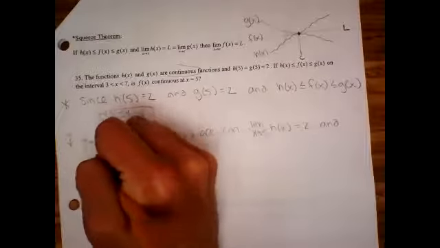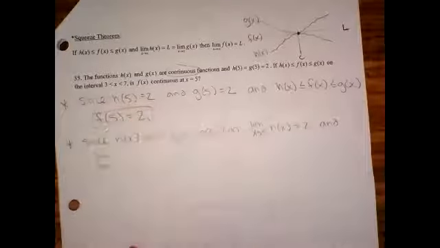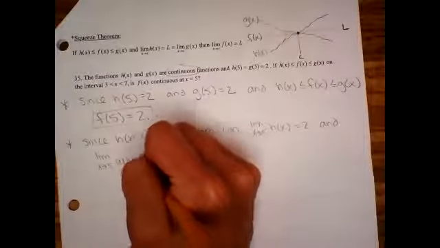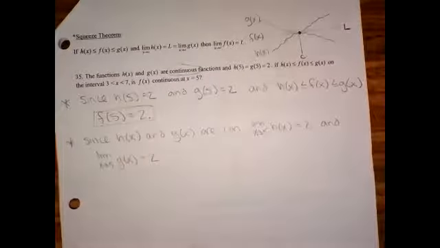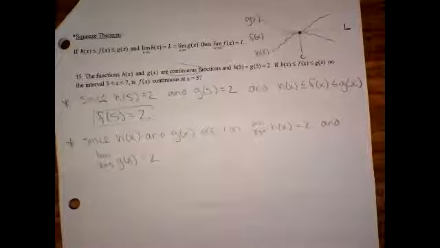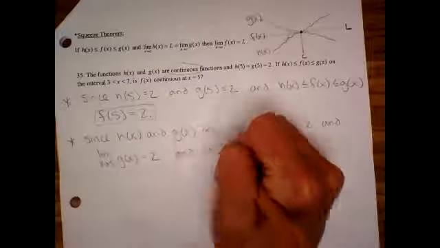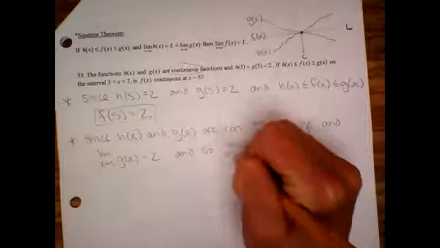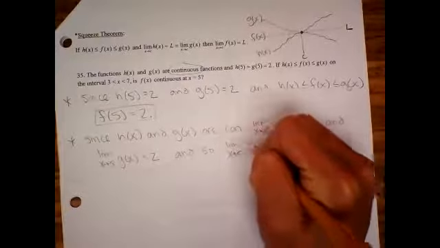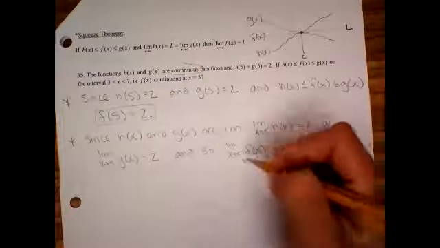And the limit as x goes to 5 of g of x equals 2. Since they have a point there, their limit is also going to be 2. And so the limit as x goes to 5 of f of x has to equal 2.